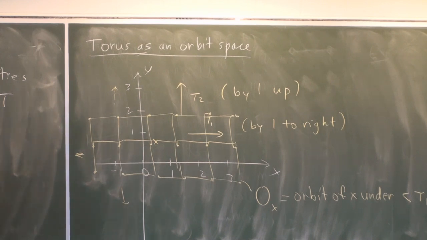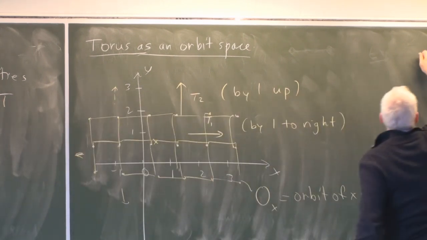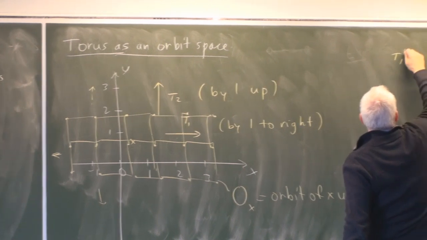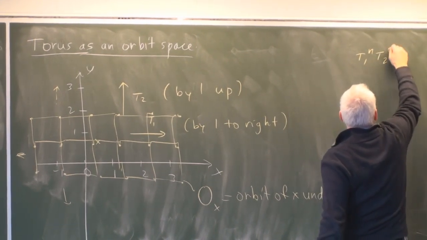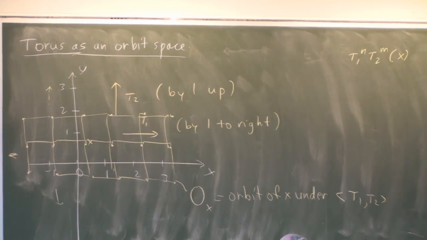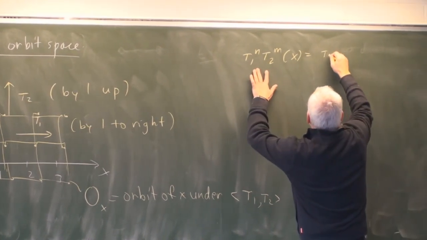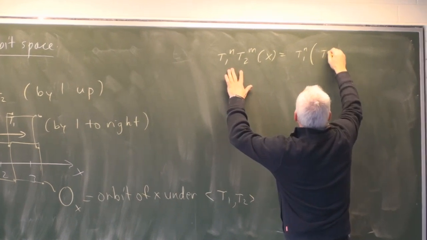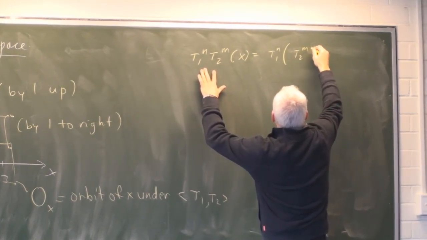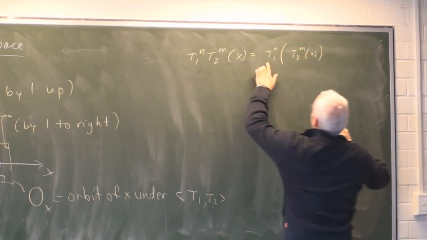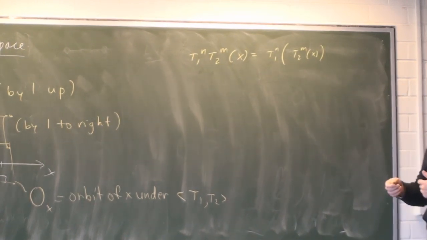And let me say a little bit about what that means. If we have, say, tau 1 to the n and tau 2 to the m of x, you can think of this as what you get by first applying tau 2 m times to x, and then applying tau 1 n times.